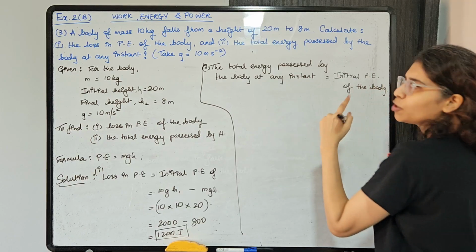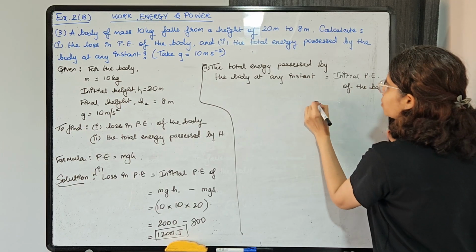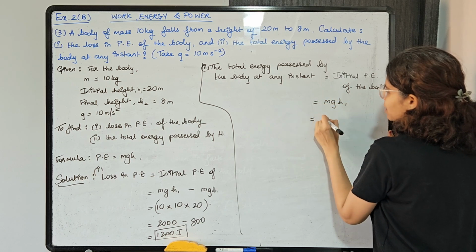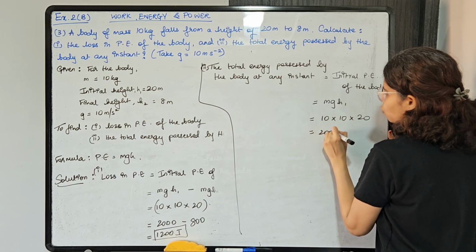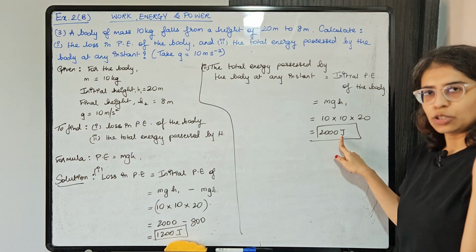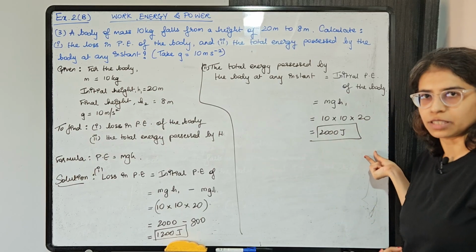The entire energy of the body was stored in the form of potential energy initially. So it is mgh1, which is 10 into 10 into 20, that gives 2000 joules. Very easy. Don't forget the unit, underline or box the answer, add a final statement.